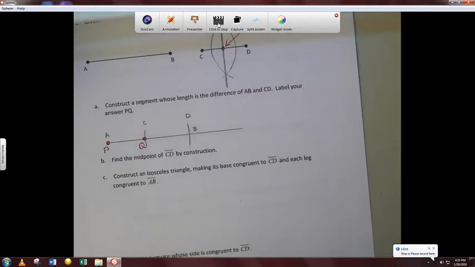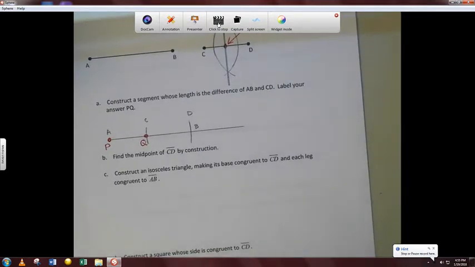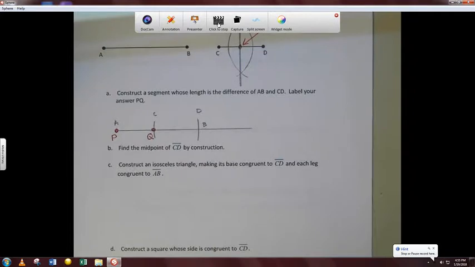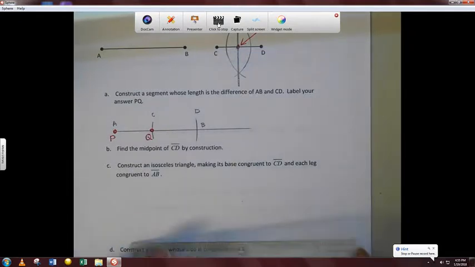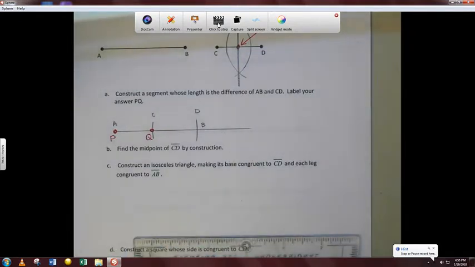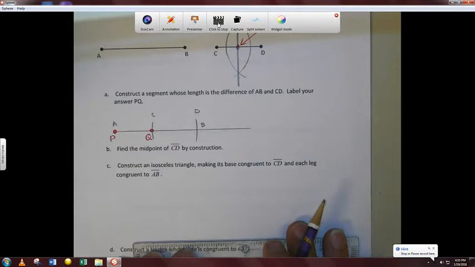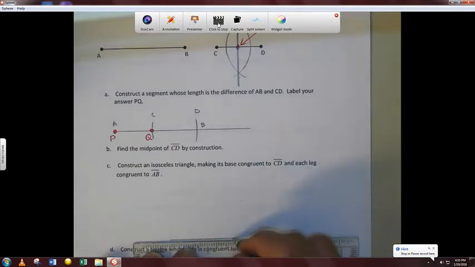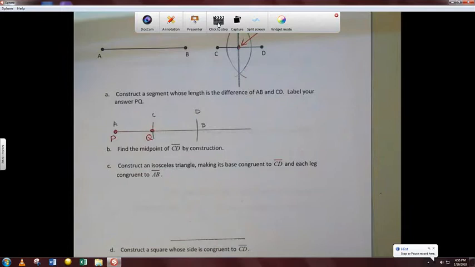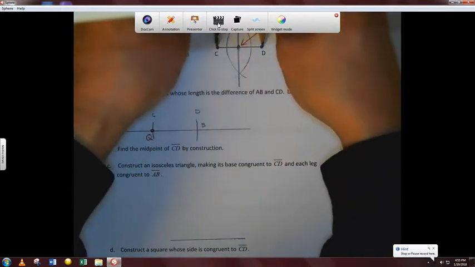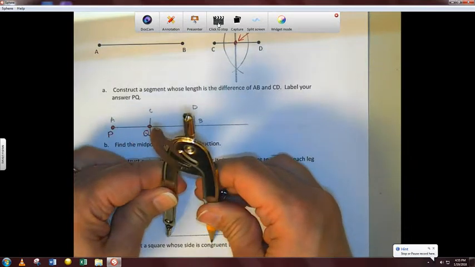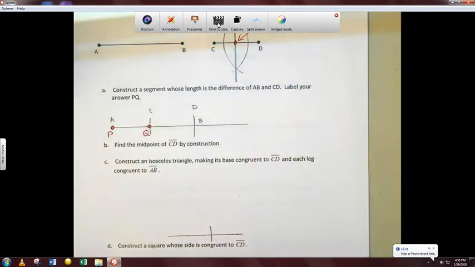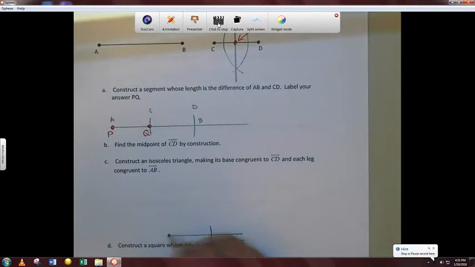Next, I want to make an isosceles triangle whose base is CD and whose leg is AB. So I'm going to start by drawing a working line for my base. I'm going to measure CD, and copy that segment. So these are my 2 points.